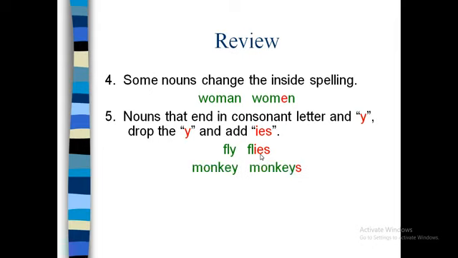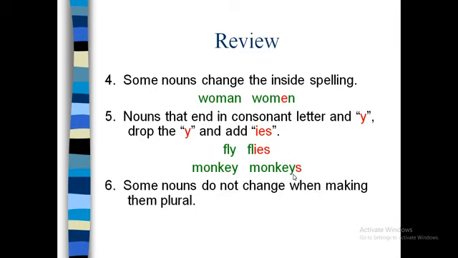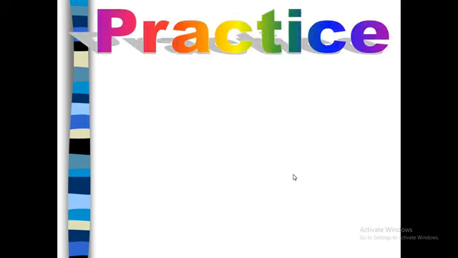Okay? Now, monkey. هذا الاسم انتهى بY ولكن before the Y there is E. This is a vowel. So keep the same, just add S. Okay. Some nouns do not change when making them plural. بعض الأسماء لا تتغير، تبقى كما هي. Cotton, cotton.